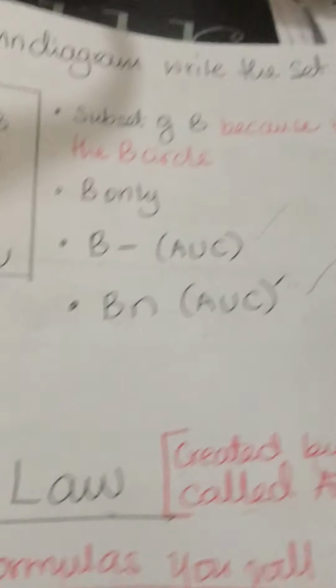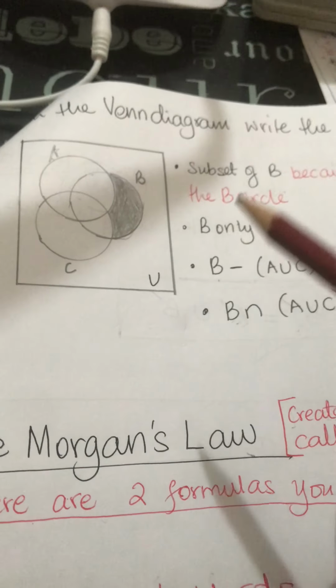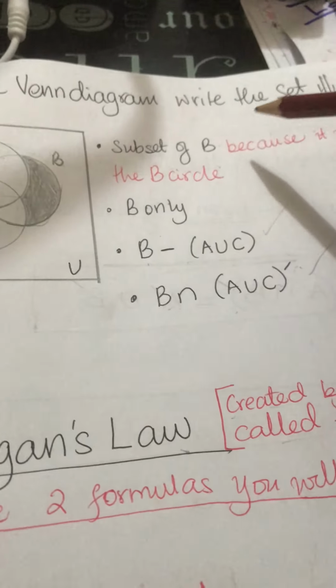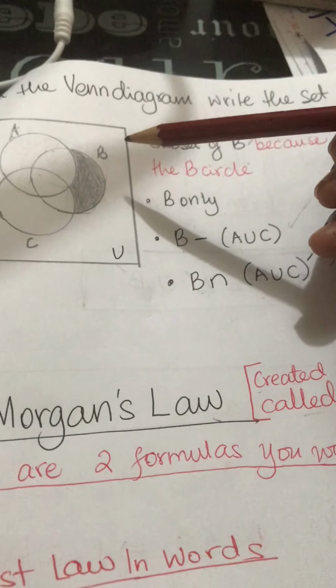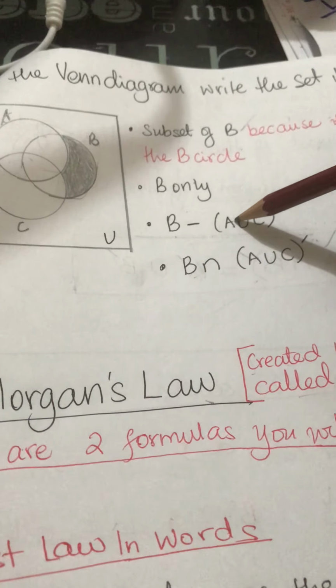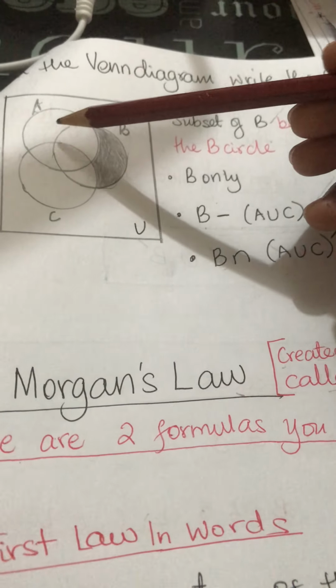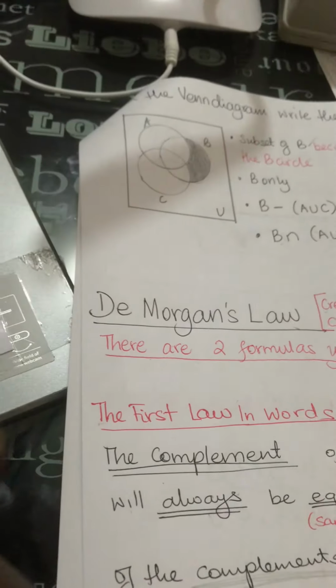Then here it says, write the set illustrated by this picture. This picture means B only, okay? And then this picture means B minus A union C. Yes, the whole of A, I remove it, and the whole of C, I remove it.